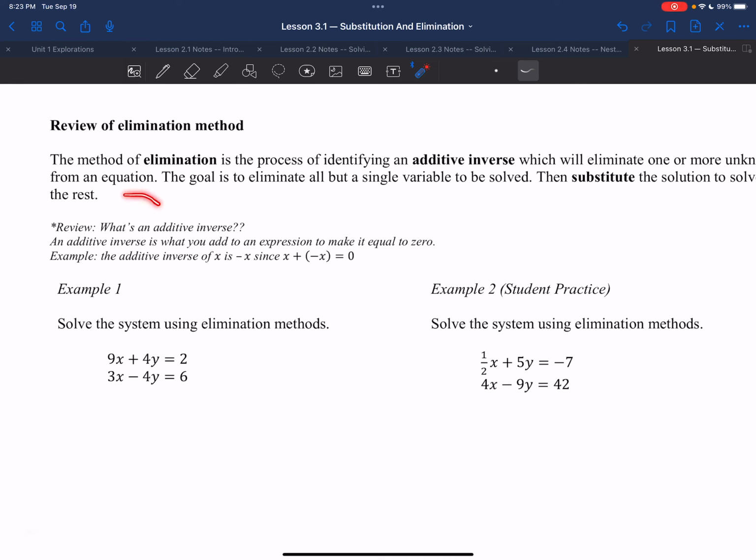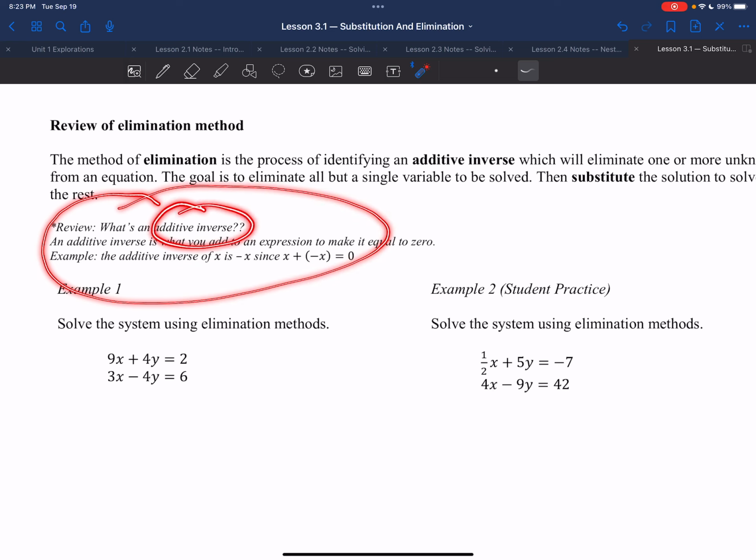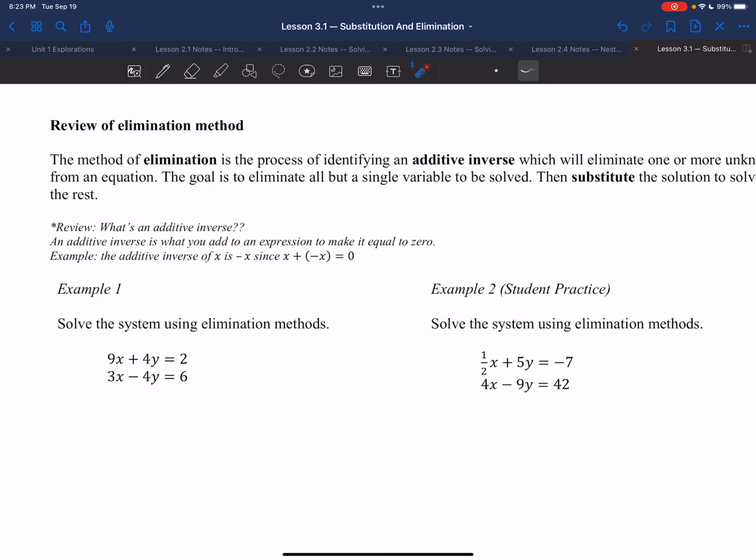Real quick, you might be asking, what the heck is an additive inverse, right? Well, by definition, an additive inverse is what you add to an expression to make it equal to 0. I could go really in depth about the word identity, but I'm not going to do that.